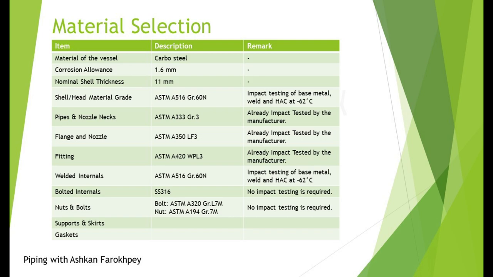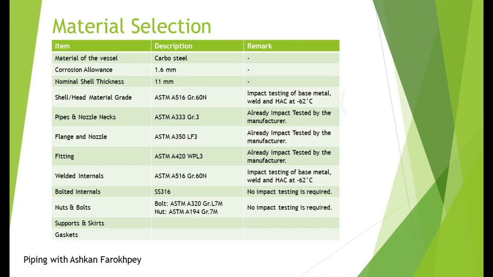Since the supports and skirts are directly welded to the vessel's bodies, the materials must be the same to prevent galvanic corrosion. On the other hand, when the vessel's body temperature goes down to minus 62 degrees centigrade, or process minimum design temperature, all the connected components such as supports will face the same temperature.